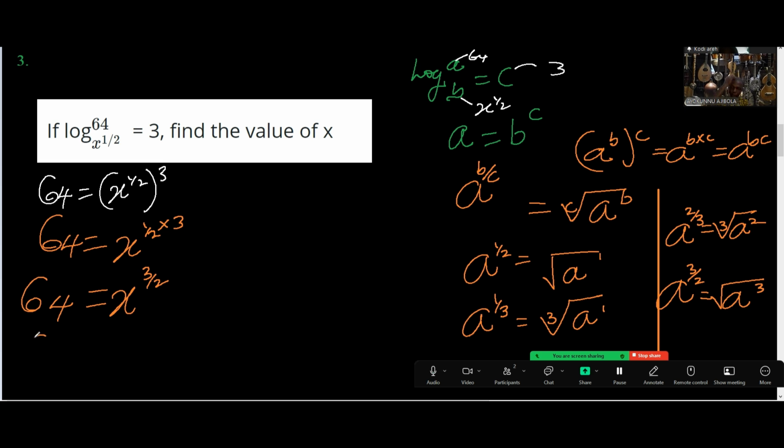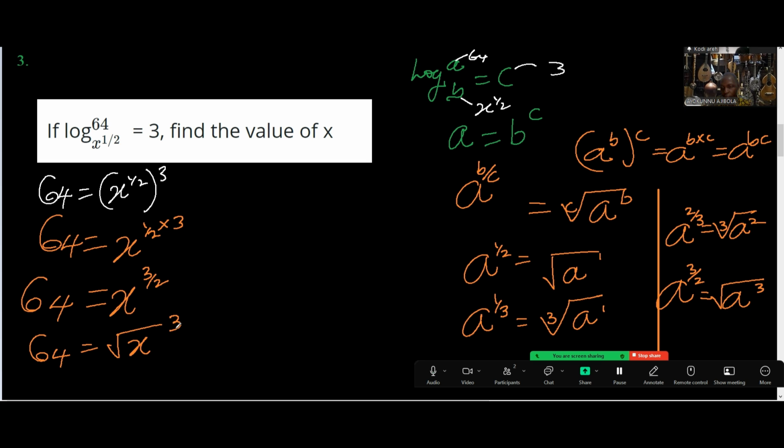So this will be 64 equal to square root x raised power 3. So to remove the square root, we can square both sides. And to remove the power 3, we can cube root both sides.